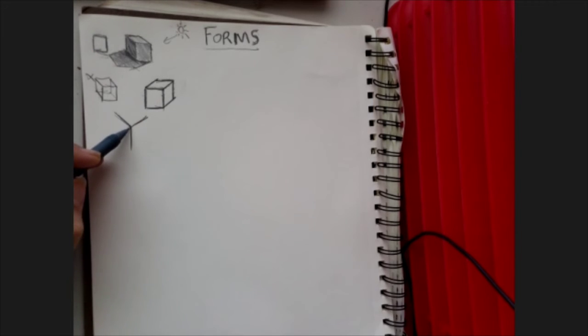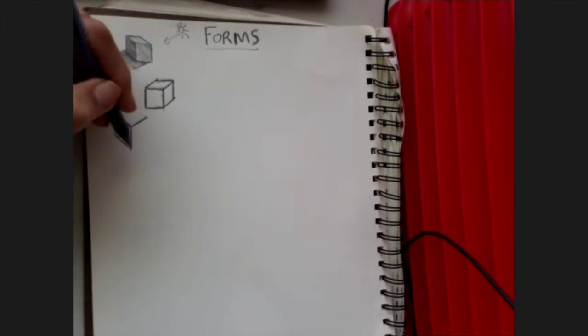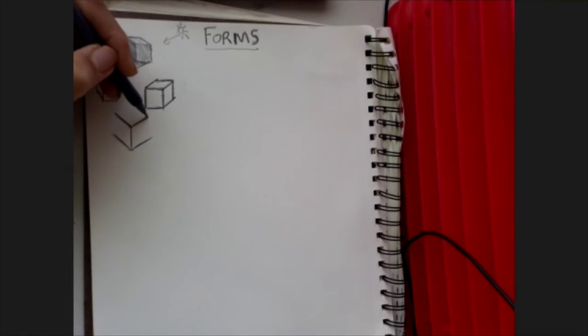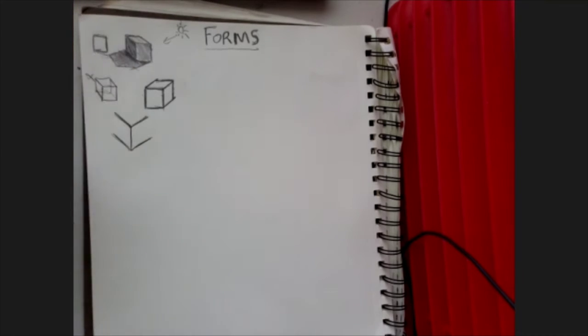So again, it's all about making sure lines are parallel. Okay, so these two lines are parallel. These two lines are parallel. We have to draw the sides. They're vertical. So here's a vertical line, this is vertical, this is vertical.